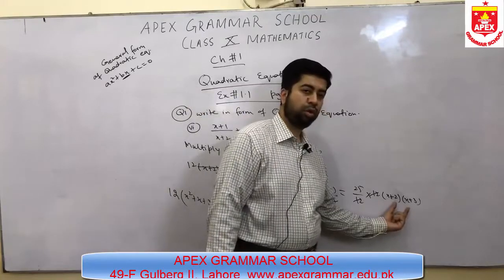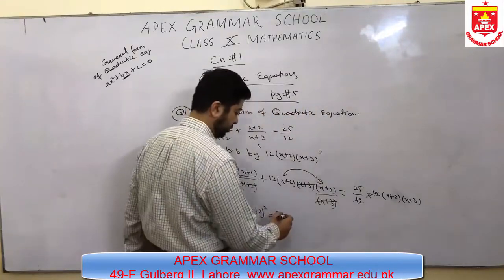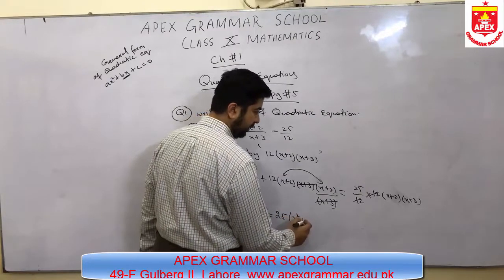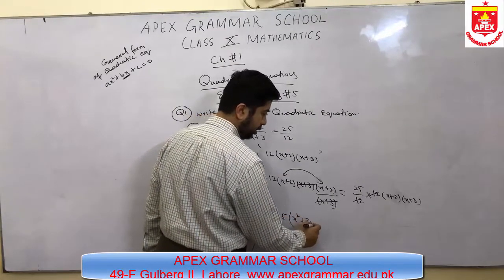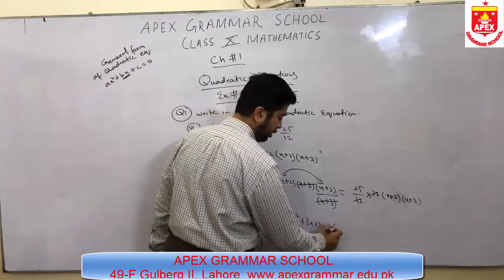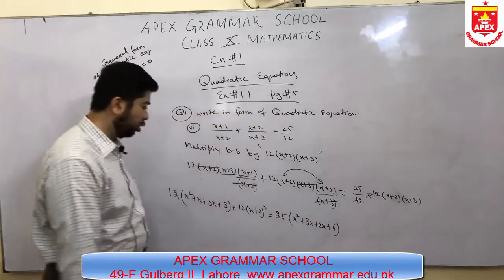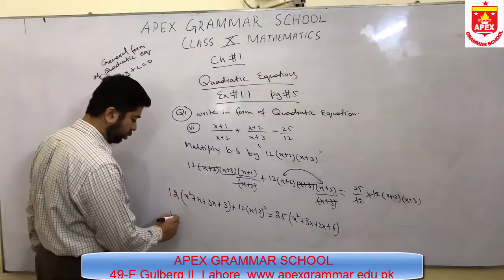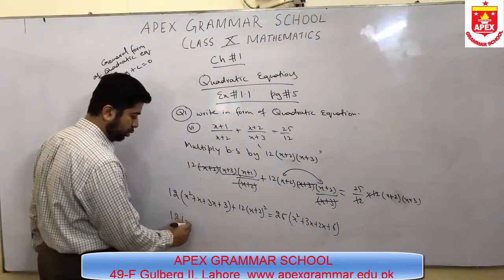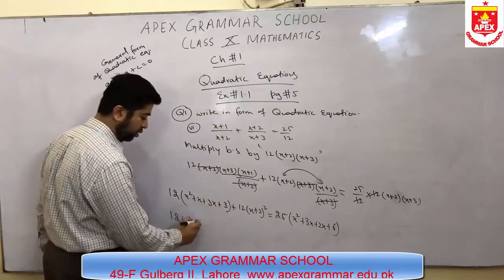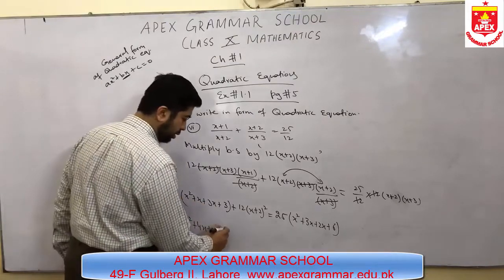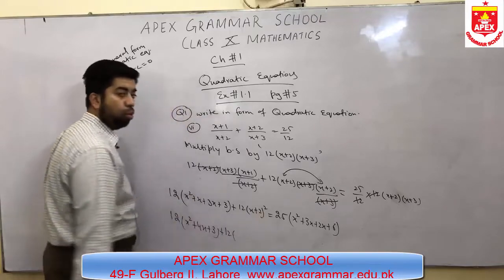These both values are going to multiply: x square plus 3x plus 2x plus 6. Now first arrange it: x square plus x plus 3x, it is 4x plus 3, plus 12.